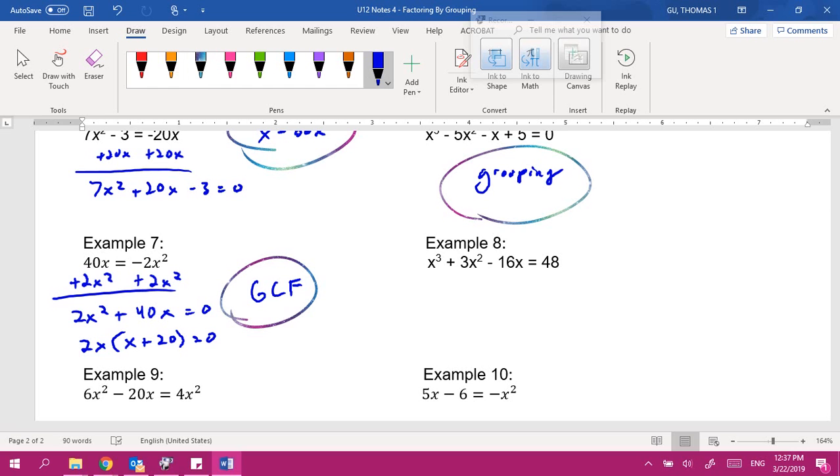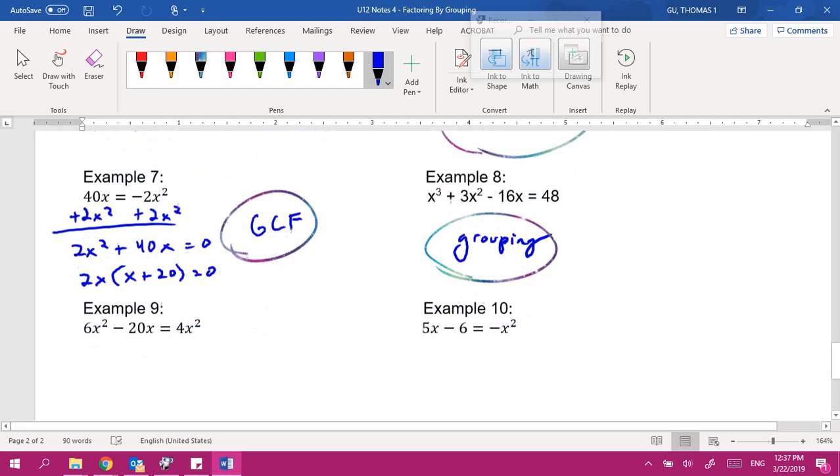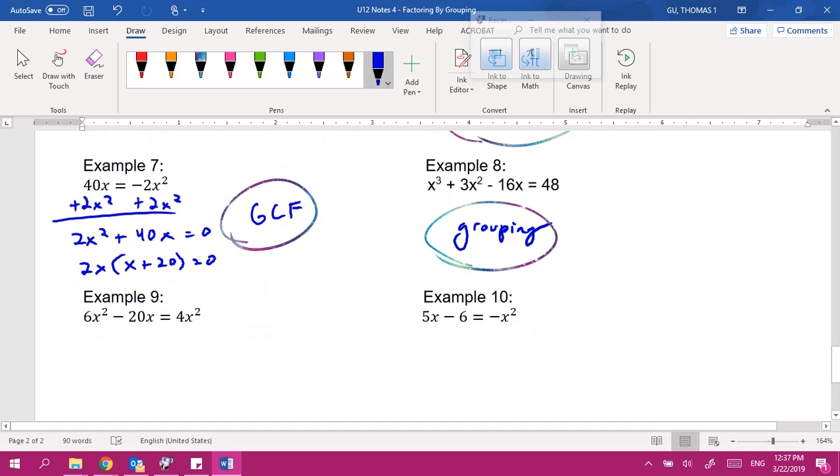Yes. Example 8. What would example 8 be? Grouping, right. All you have to do is subtract 48 to the left side, and then you'll see there's 4 terms, and it starts with x cubed, so that's a very big red flag for grouping. What about example 9? GCF.